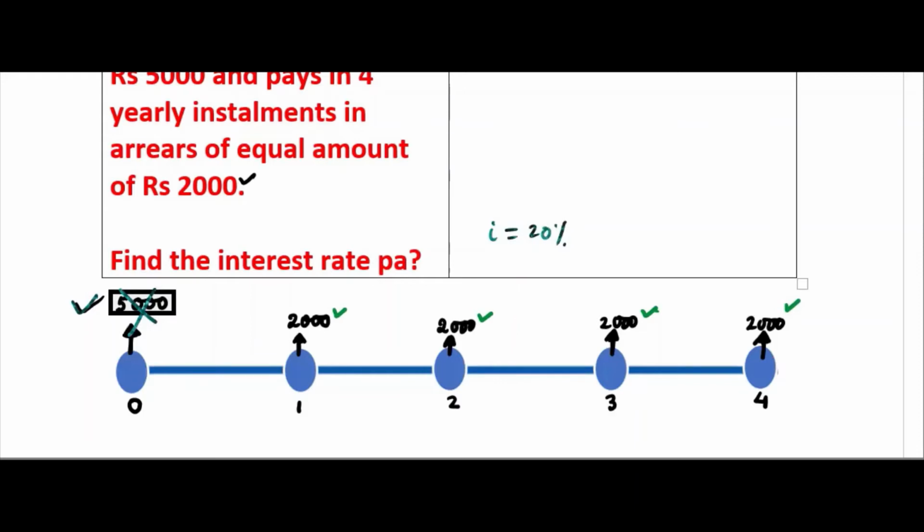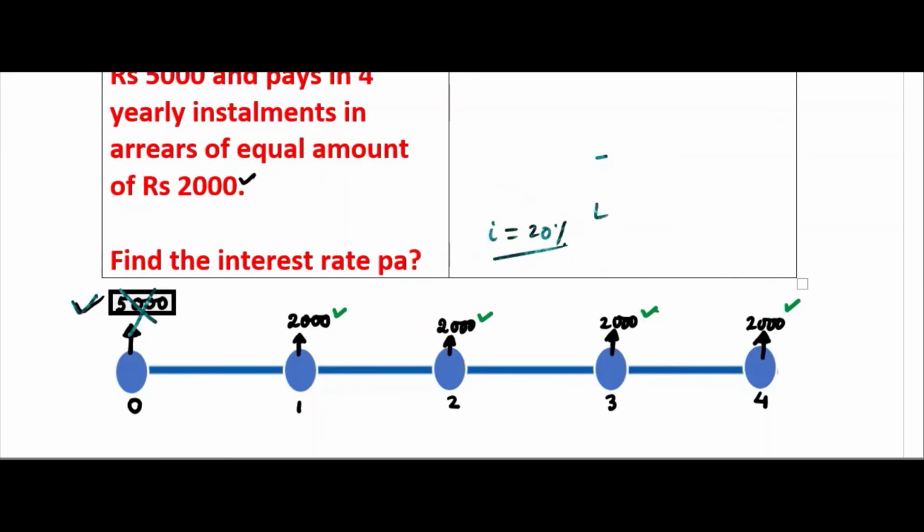That means I can find 2000 A4 at 20%. Now the value 5,000 is also given, but you are finding I. There is where the problem comes.